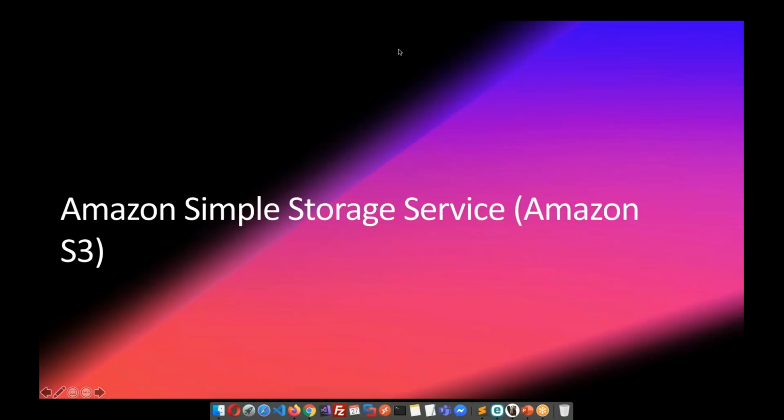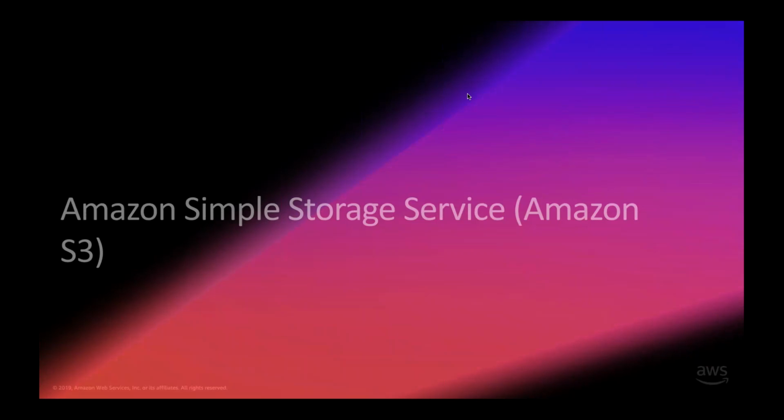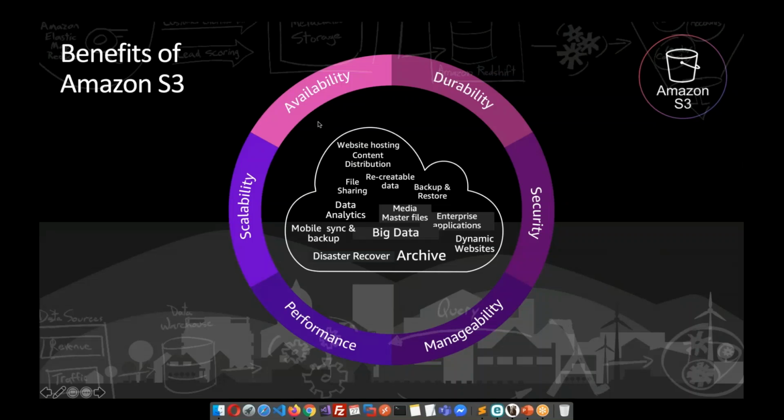The third category for Amazon storage will be object storage. Amazon offers the Simple Storage Service as its object file system. So what is Amazon S3? Basically, Amazon S3 is an object file storage wherein you can put any of your data on the cloud.